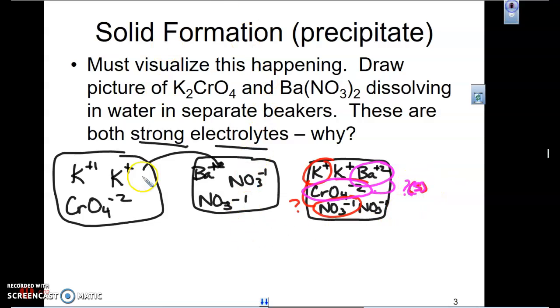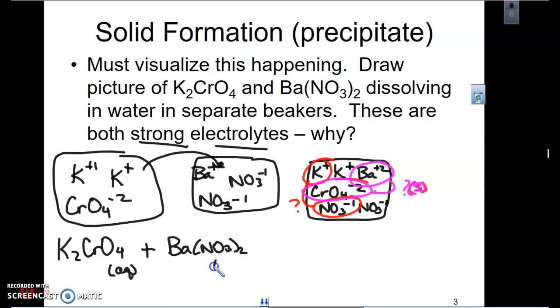And so what we know from the solubility rules is that when I put potassium chromate together, aqueous, and I put barium nitrate together, aqueous, what's going to happen is what's called a double displacement reaction. Potassium and nitrate, possibility, question mark?